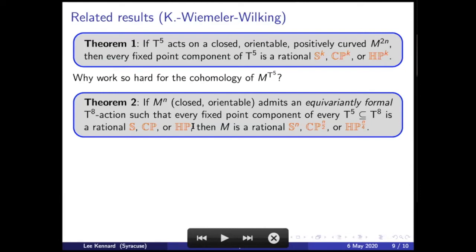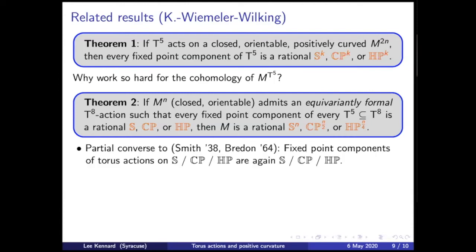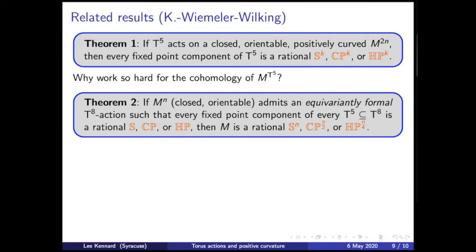Then, under an extra condition called equivariantly formal, which is a strong condition, we can lift this information on rational cohomology up to the manifold itself. First, what does equivariantly formal mean?